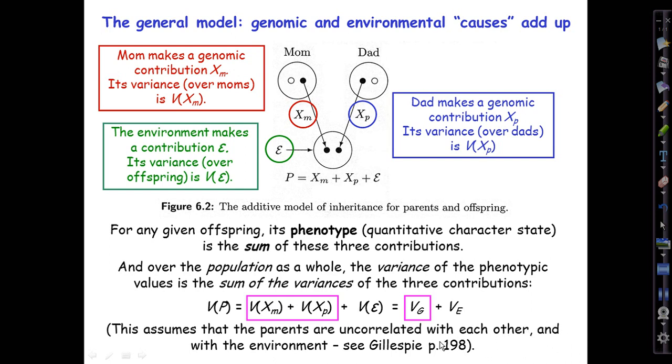It's definitely not strictly true, but for present purposes, it's safe enough for us to assume that the correlations in other species, at least, are small enough that we don't have to worry about them. And to a good approximation, we can think of the phenotypic variation that we see in the population in a given generation as being composed of these pieces that literally add up to give the total.